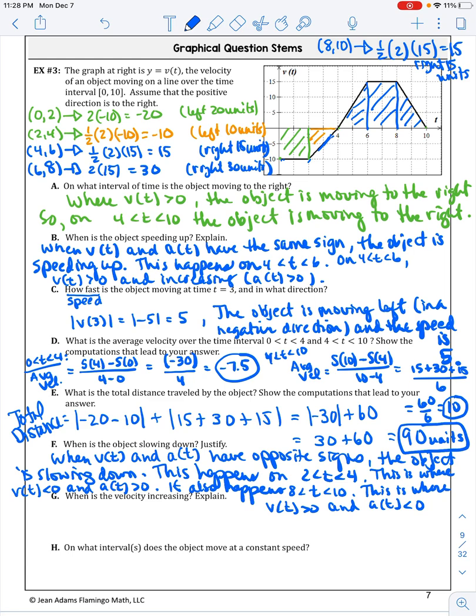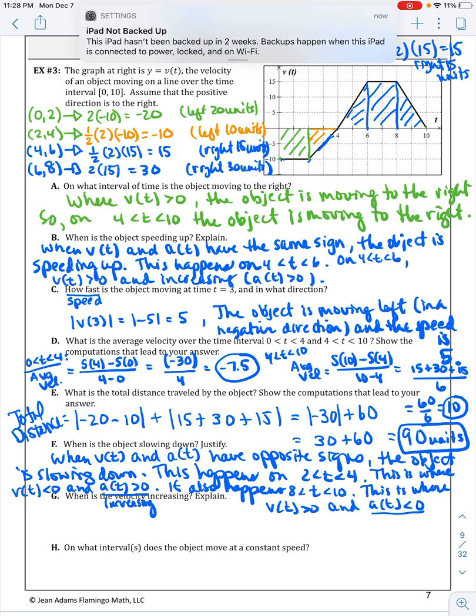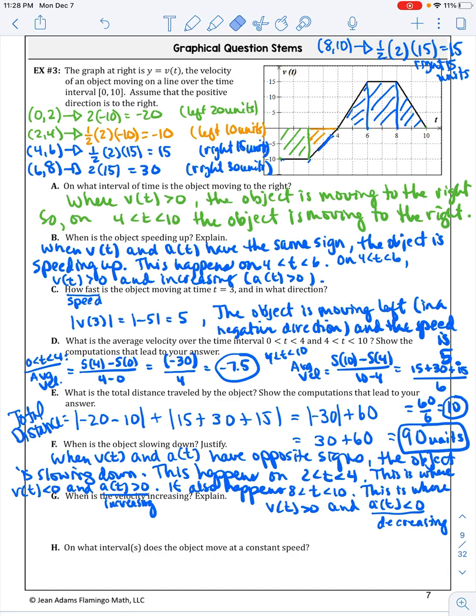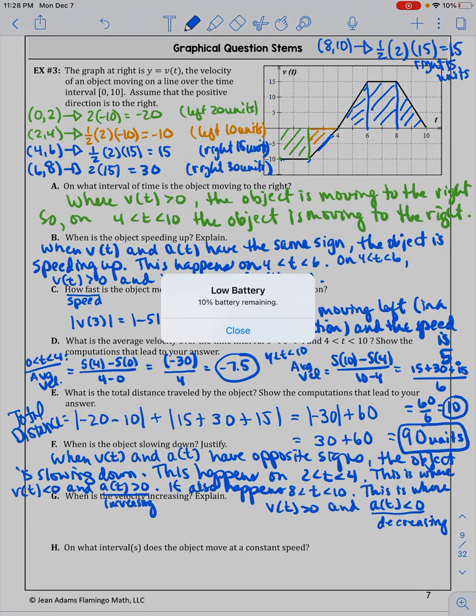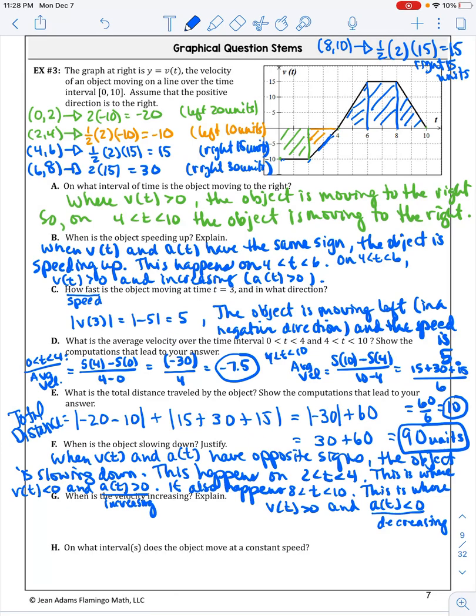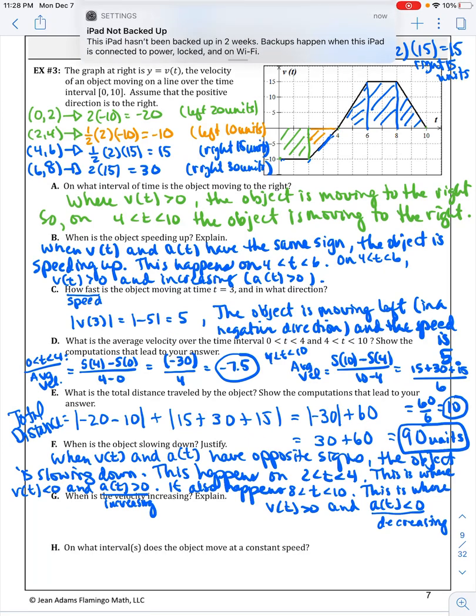And here I could have said, instead of this, v of t is greater than 0 and decreasing. Remember that the derivative here is going to give, if it's positive or negative, where that original function, which would be v of t here, is going to be increasing or decreasing based on the sign of it.